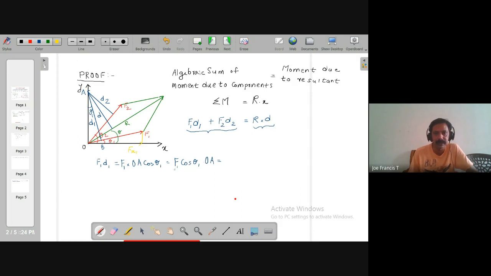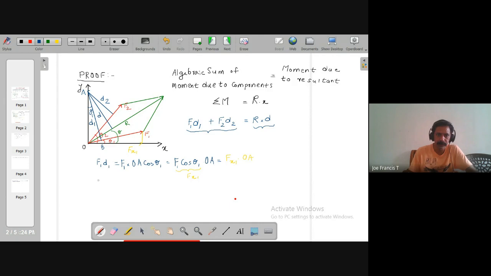So instead of this term F1 cos θ1, you can write it as Fx1. So this becomes Fx1 into OA.